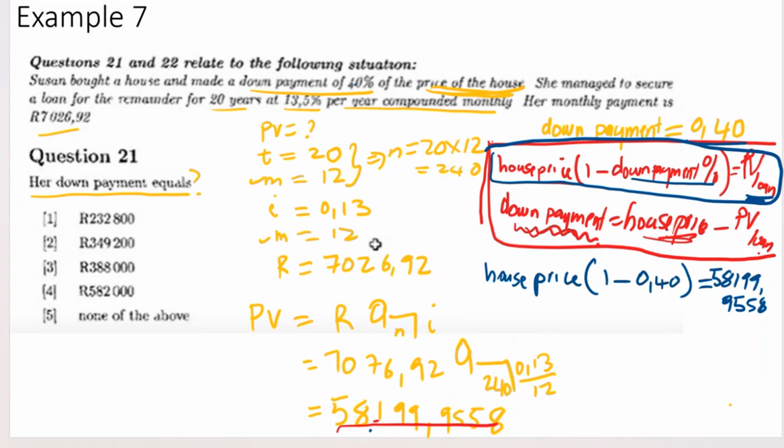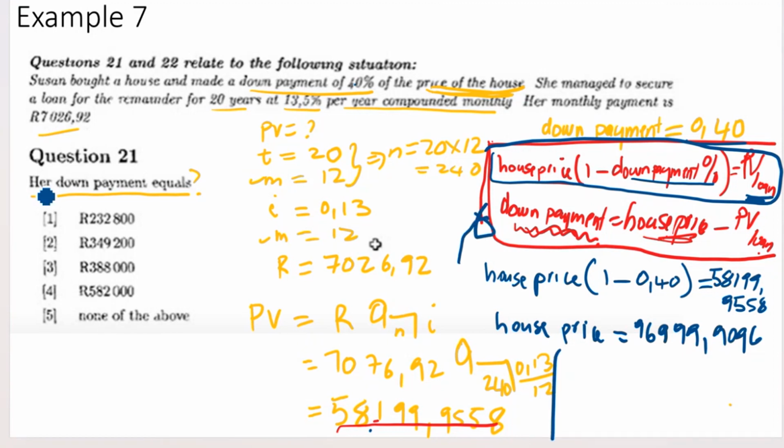Now you can manipulate everything and get your house price. Your house price from this formula is just going to be equal to 969,999.1996.